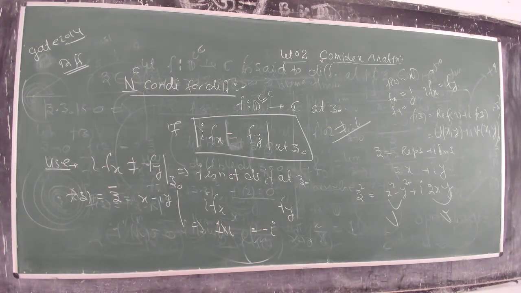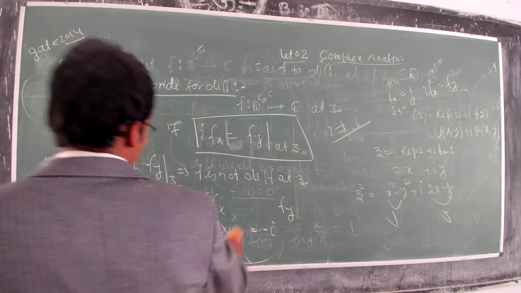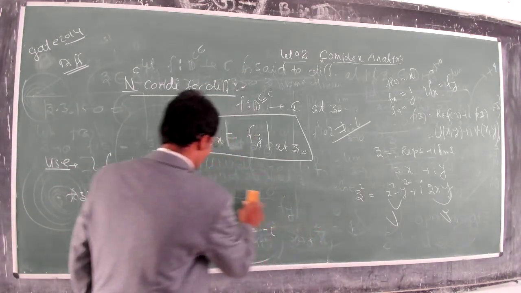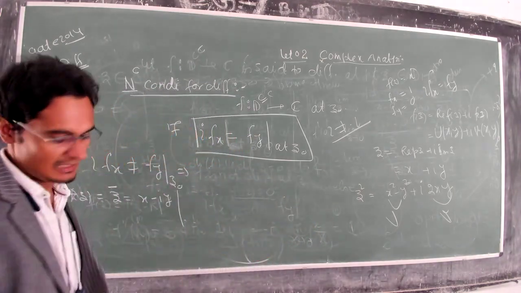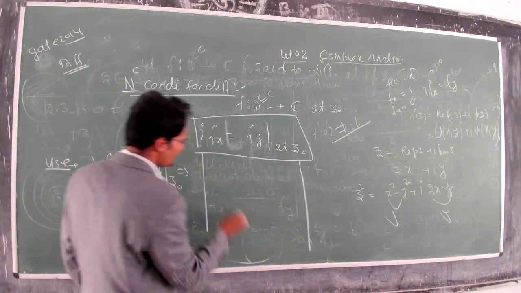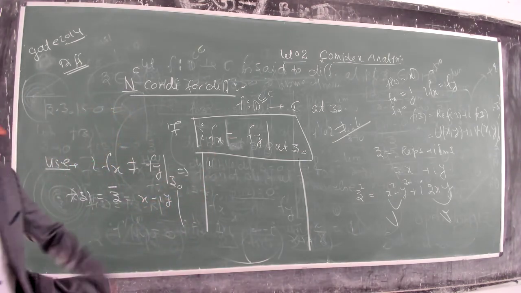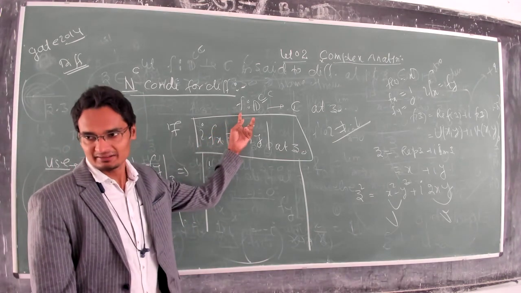Or if you have a problem here, there is one more method, the so-called illiterate method for uneducated people. I have a function, then this function has real part and imaginary part, u and v.